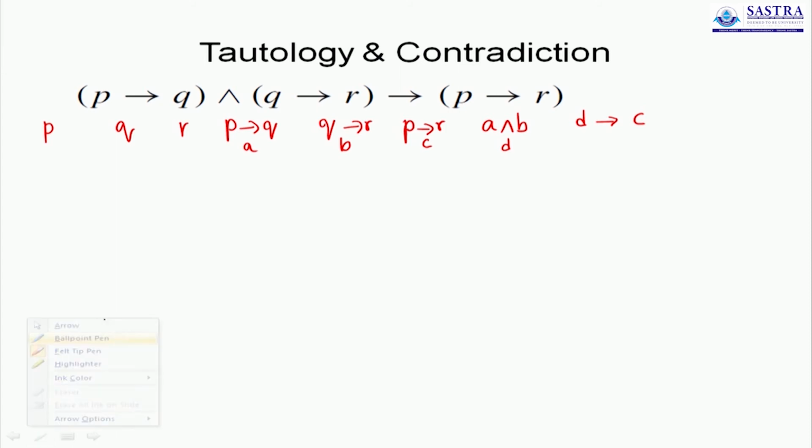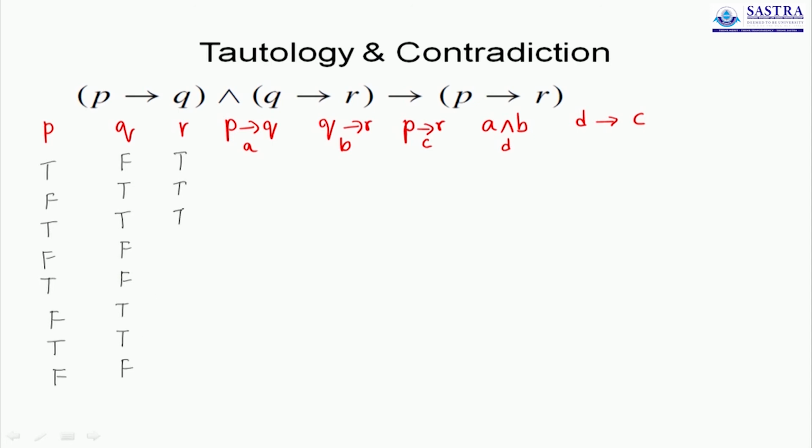Let's first write down the input sequences. You must have been familiar with writing the input sequences without any trouble. We have been drawing truth tables for many formulae now. So we'll just write down the sequences for the 2 variables first, and then fill up the rows for the 3rd variable.